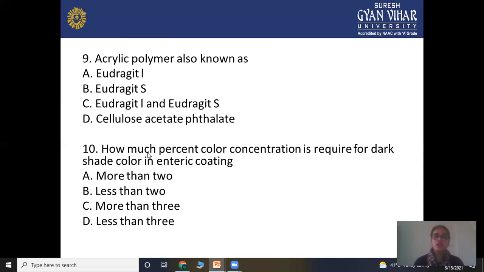And in the 10th question, how much percent color concentration is required for dark shade color in enteric coating? You should know about color or FDC approved color, and how much concentration of a particular color is required for coating. A option is more than 2, B option is less than 2, C option is more than 3, and D option is less than 3.